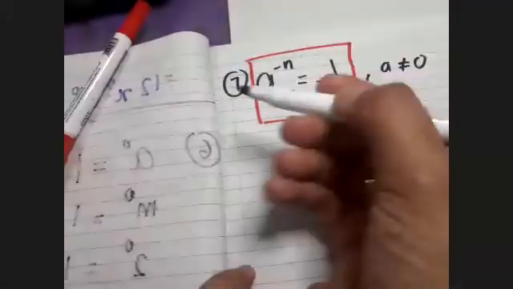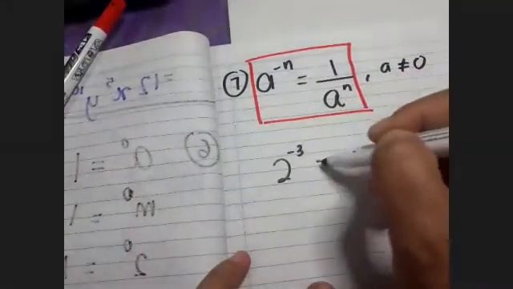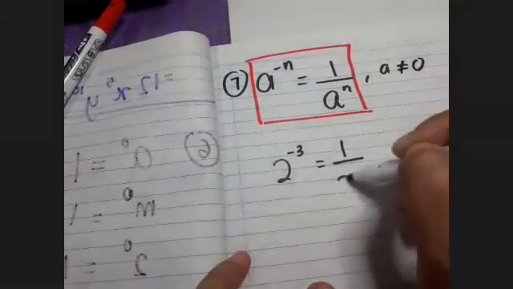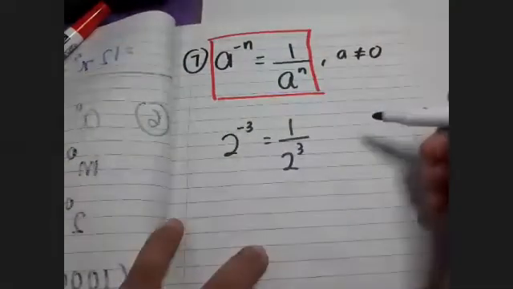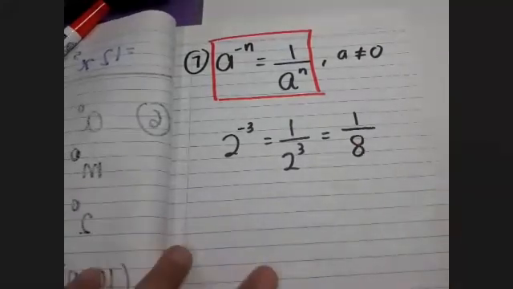Example, if I have 2 power of negative 3, this is 1 over 2 power of 3. Final answer, 1 over 8.